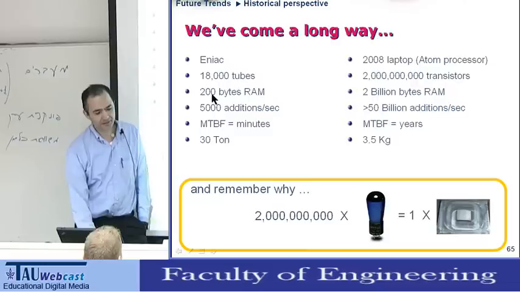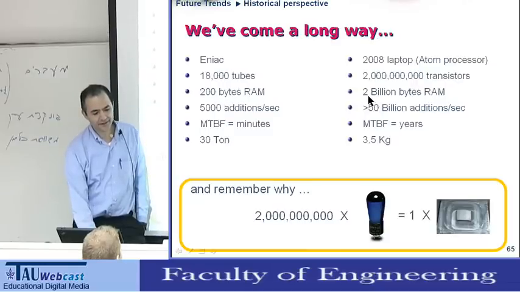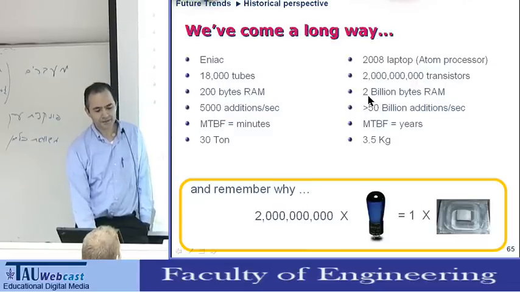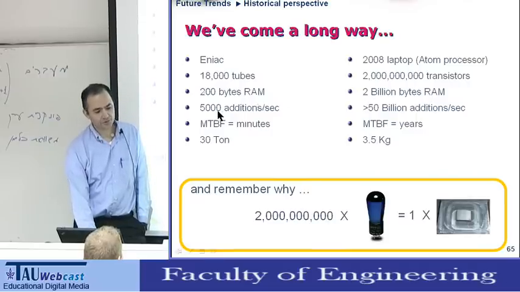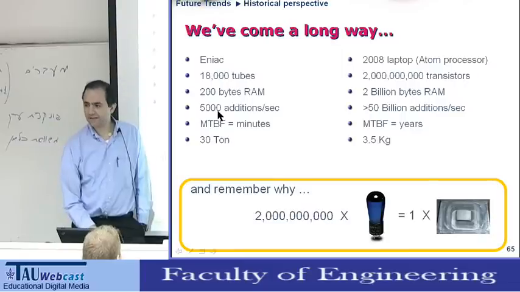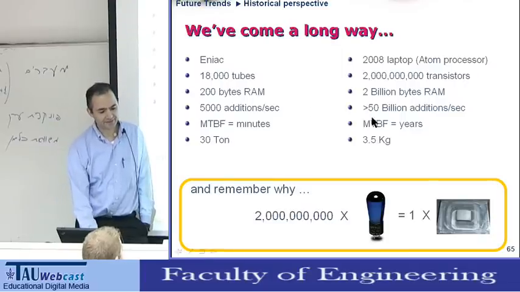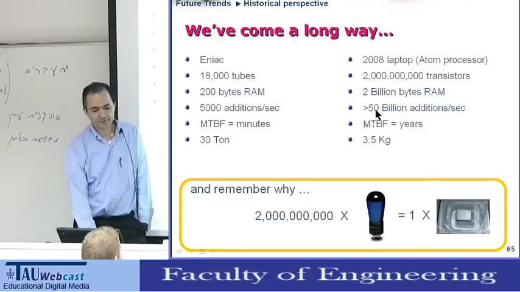The memory was 200 bytes of RAM versus over 2 billion bytes of RAM. It could do 5,000 additions per second versus more than 50 billion additions per second.